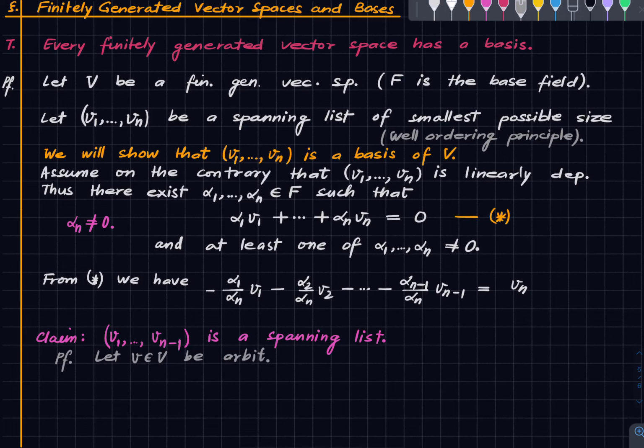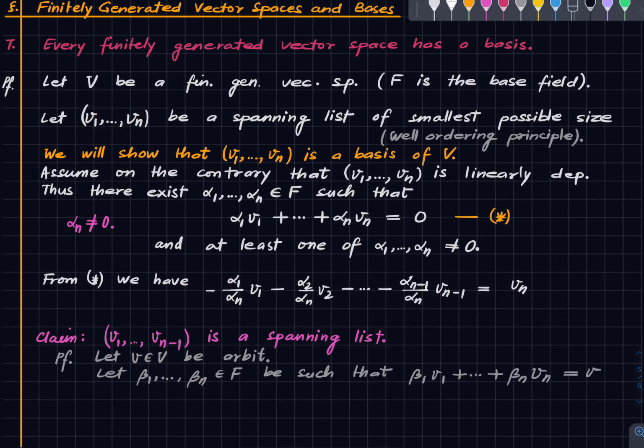So first of all, since this is a spanning list, there is some list of scalars beta 1 up to beta n such that the corresponding linear combination is v. Okay. This is just using the fact that this is a spanning list.